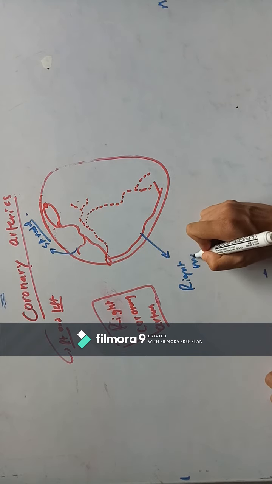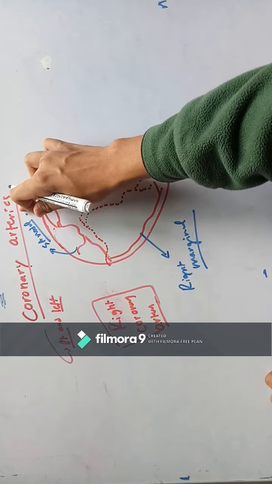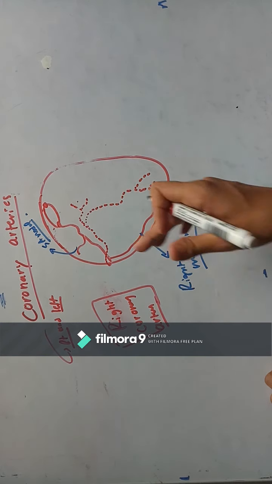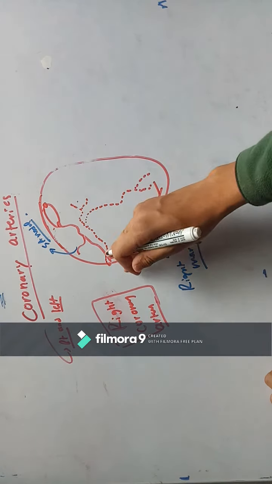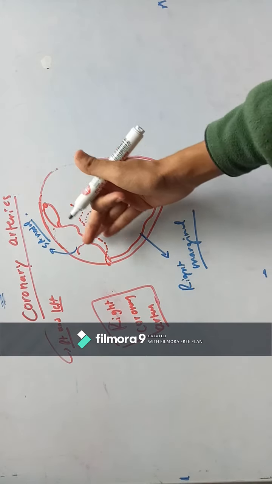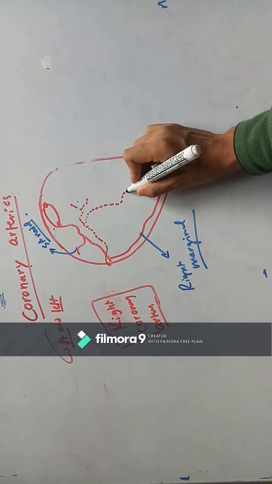This is the SA nodal branch, because it supplies the SA node. This is the right marginal branch, because it goes along the right margin of the heart, and then it goes backward. It moves towards the posterior side along the arterioventricular groove.